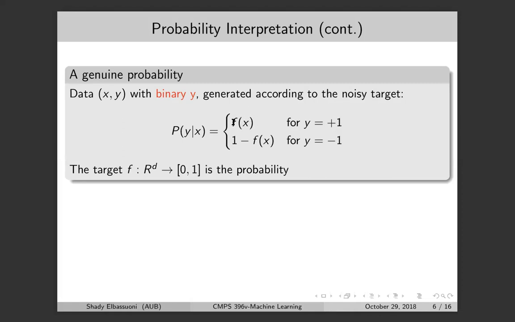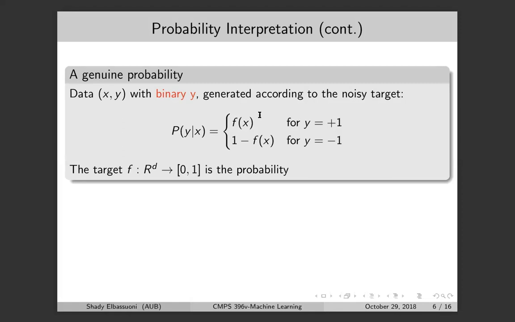So the unknown target function is now a probability function. It's f of x for y equal to +1, and obviously, if the probability of being +1 is f of x, then the probability of -1 is 1 minus f of x, because we have a binary situation here.